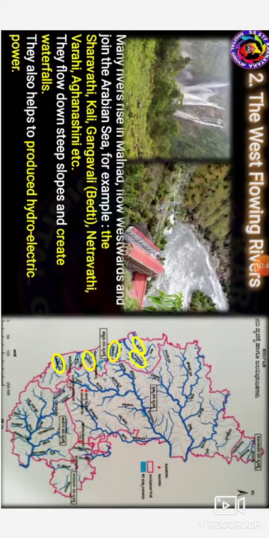And then next, the second part, the western flowing rivers. So which are the western flowing rivers? Look at that map. On this western side, the rivers flow west. Mainly the rivers in the Malnad and Western Ghats join the Arabian Sea.